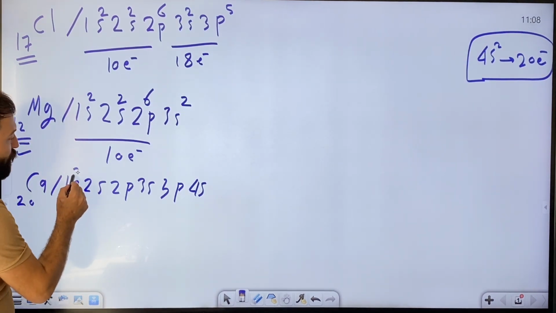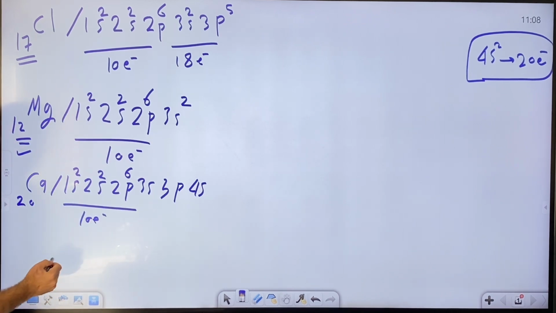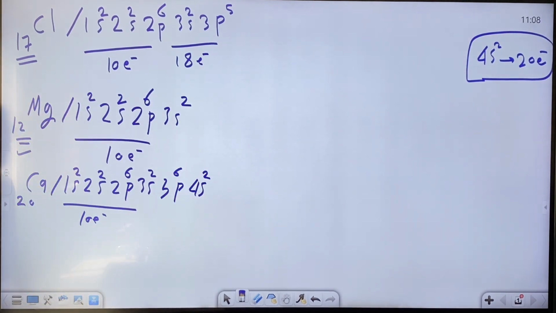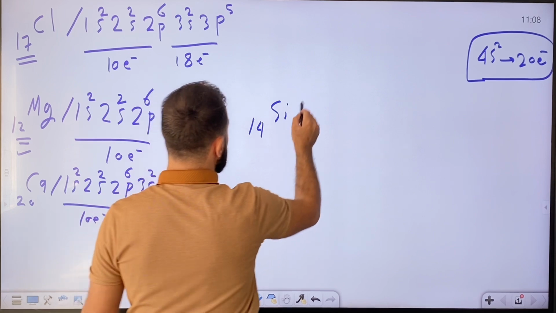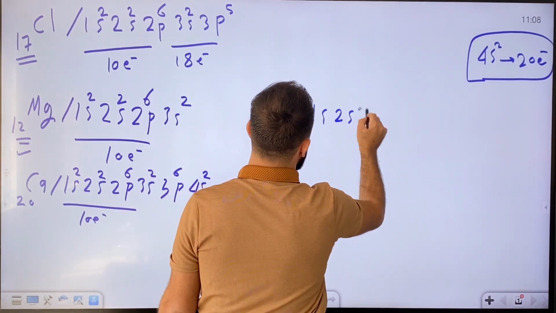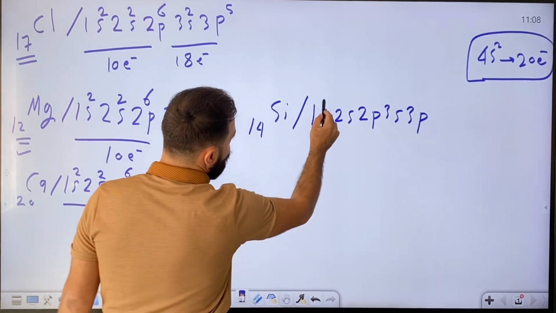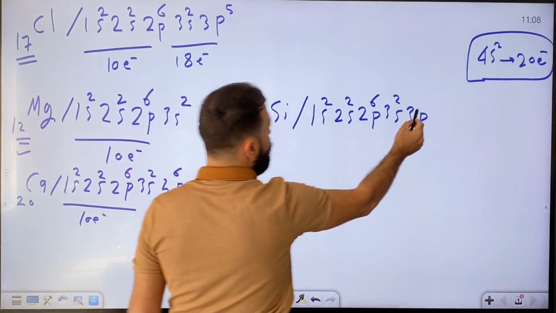I start with 2, 2, 6, 10 electrons. How many electrons remain? 20 minus 10 equals 10. 2, 6 is 18 and this 2 is 20. The last element is silicon 14: 1s, 2s, 2p, 3s and 3p. 2, 2, 6, 10, 2, 12. How many electrons remain? 2.